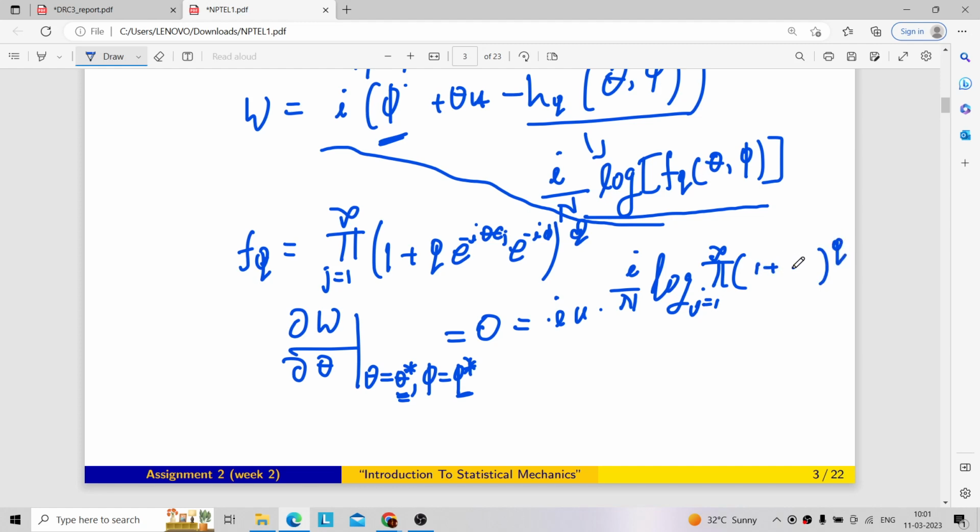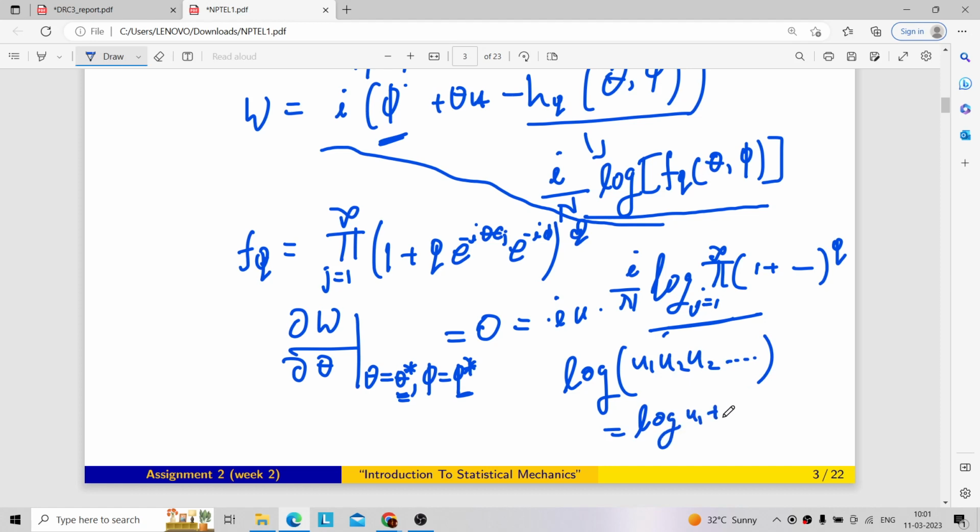So you see, logarithm of a product, let's say of some functions u1, u2, u3, something like that, you can write it as log of u1 plus log of u2 plus so on.